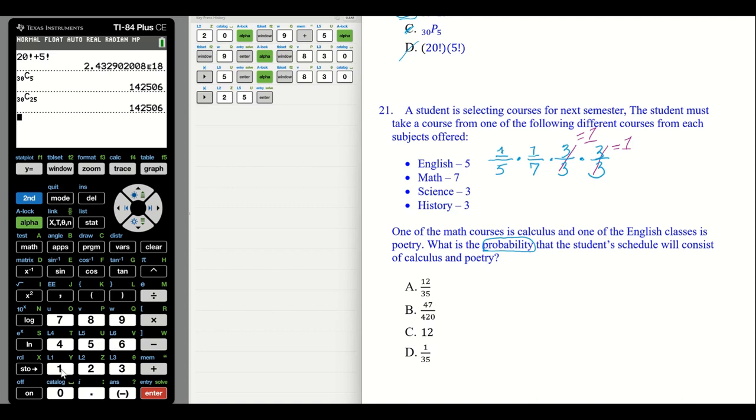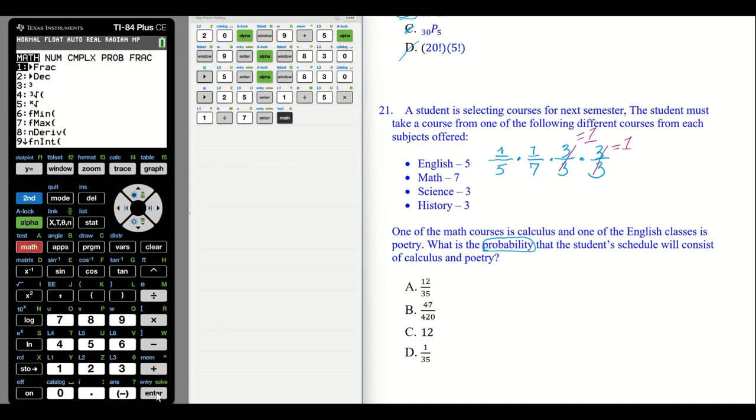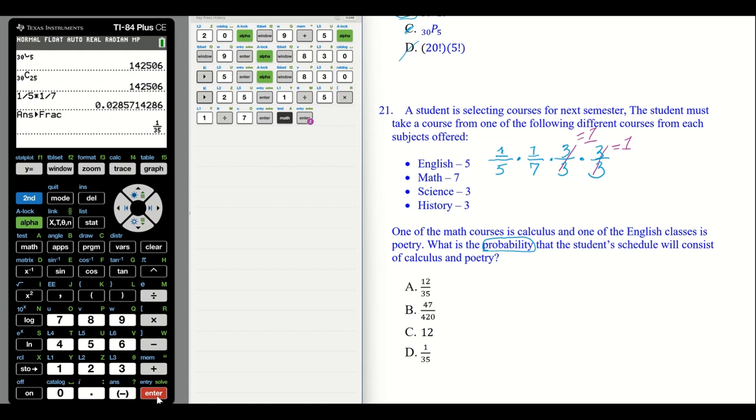I can go ahead and just divide and multiply together. So 1 divided by 5 times 1 divided by 7. And I'm sure you can already see what that's going to be, 1 out of 35. Common sense, and that is an option. So math, enter. Yes, option D.